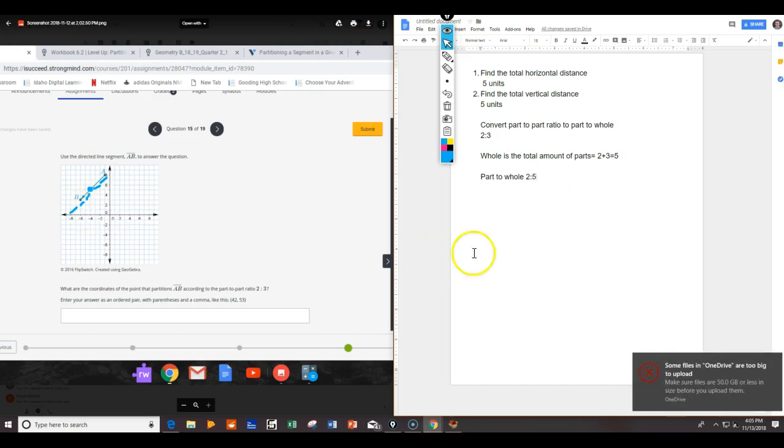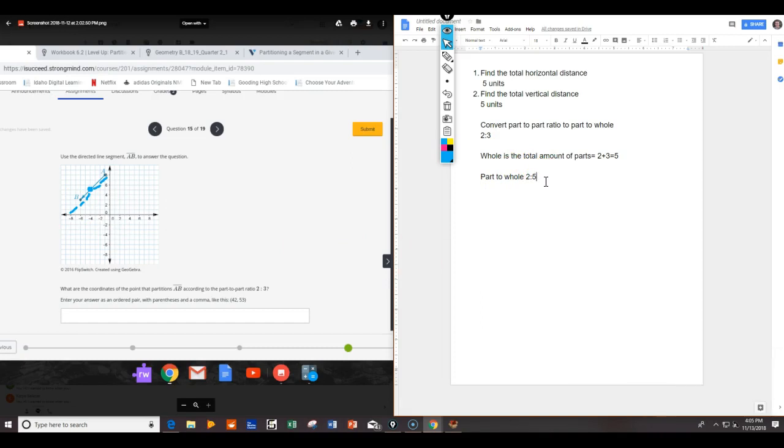So now that we have a part to whole, we can convert this ratio to a fraction, so we can find a percentage of how far down we're supposed to go. We convert to a fraction, which is 2/5.